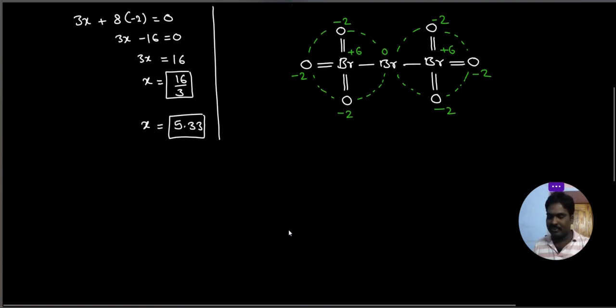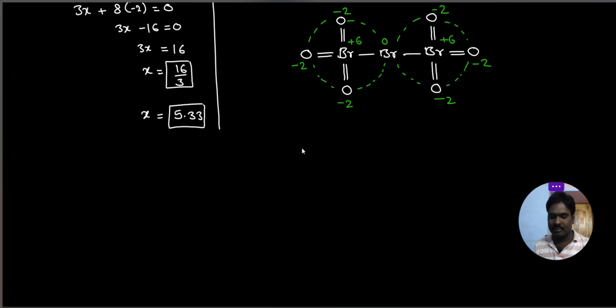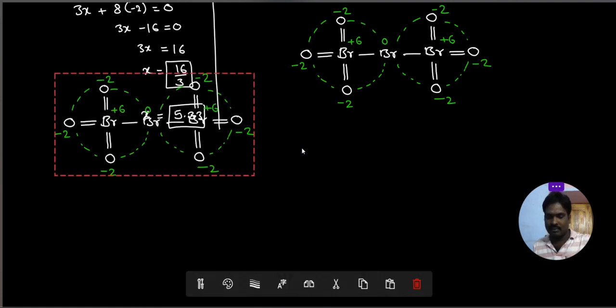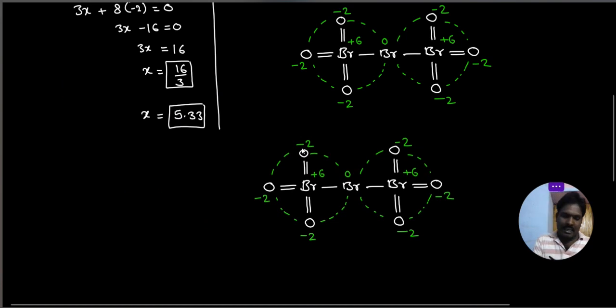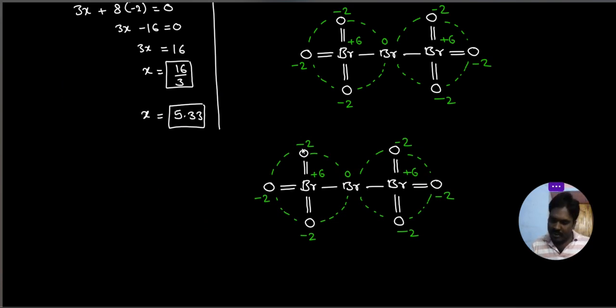Now coming to the middle bromine atom. Now you can write 2 oxygen atoms like this.